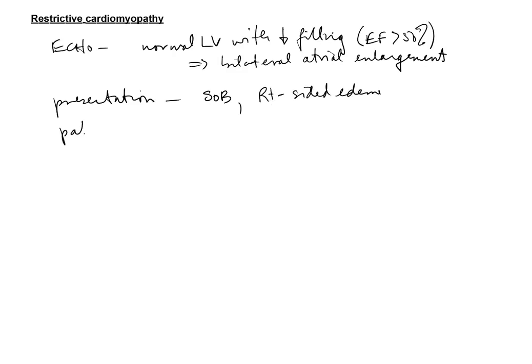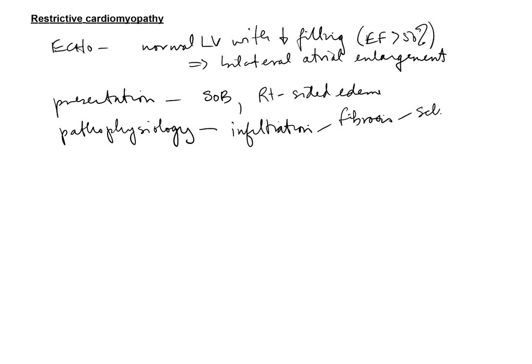The pathophysiology has two basic problems. The first can be one of infiltration of the myocardial structures, and that's going to include things like fibrosis, which we find in the connective tissue diseases like scleroderma and rheumatoid arthritis. We could see fibrosis in hemochromatosis, where the iron induces fibrosis itself.